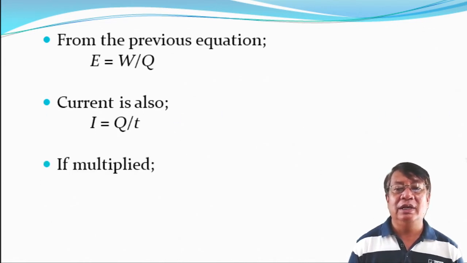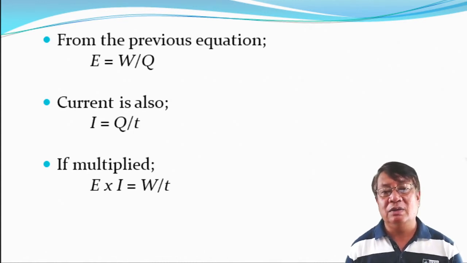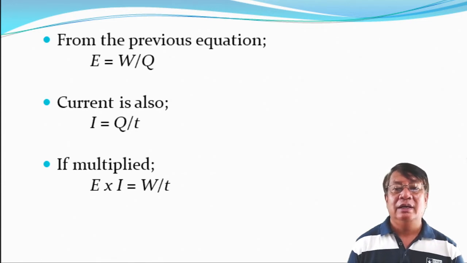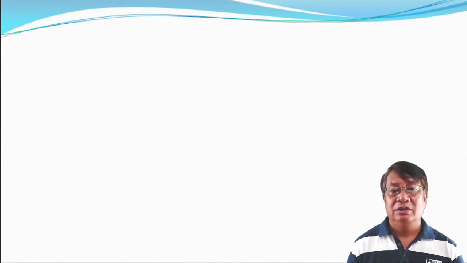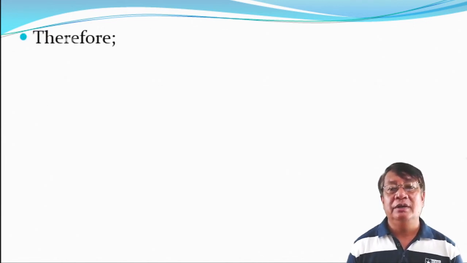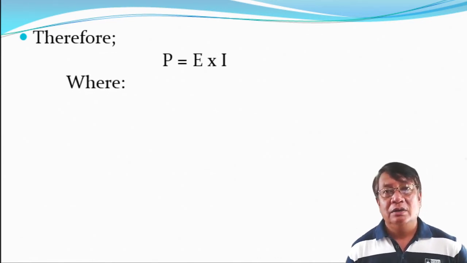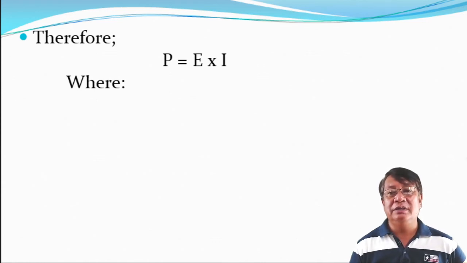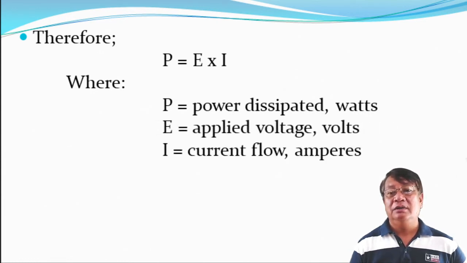If you relate these two equations and multiply the voltage and the current, E times I is equal to W over T. And take note that W over T is your power, P. So therefore, the electrical power is E times I, or simply the power is equal to the voltage times the current.